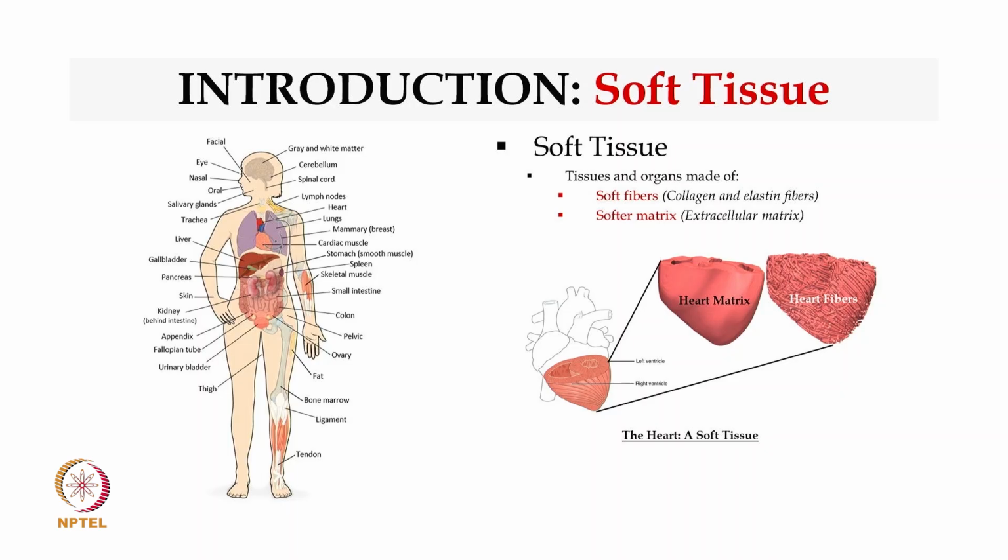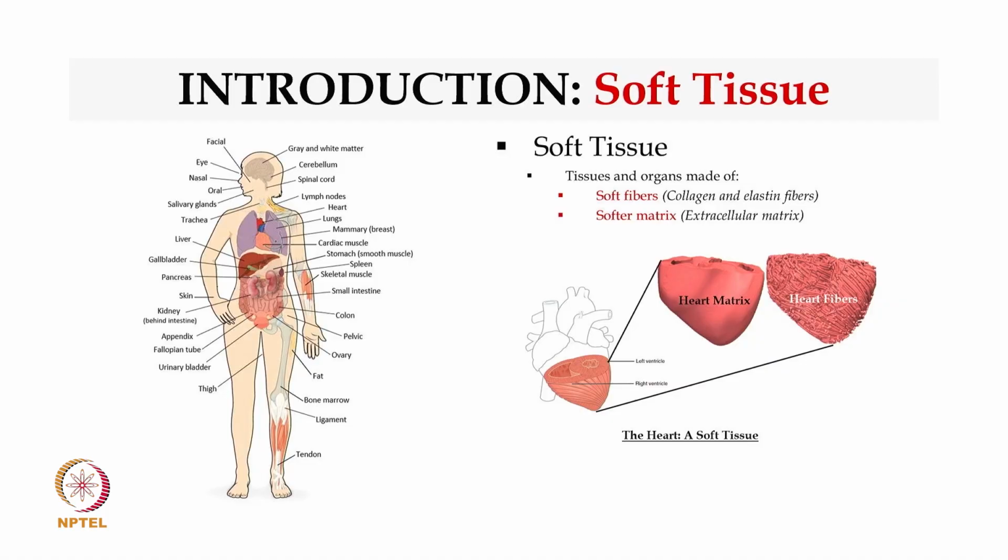Many of these you may have heard of, many you may not. Kidney, colon, appendix, pelvic, urinary bladder, ovary, fat, thigh, bone marrow, ligament, and tendon.